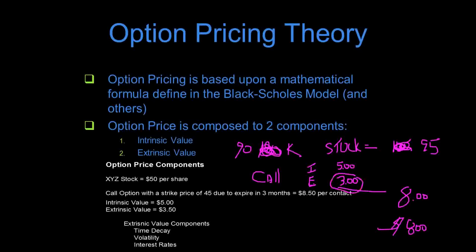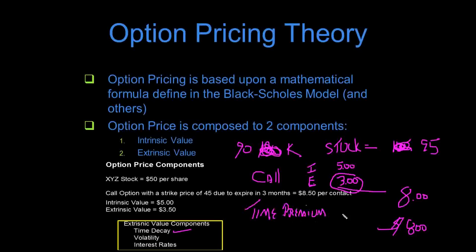If you look at the extrinsic number, you will see that it is made up of these things right here. What are the components of the extrinsic value? Most people understand time decay, but when you look at the terminology, they'll call it time premium.